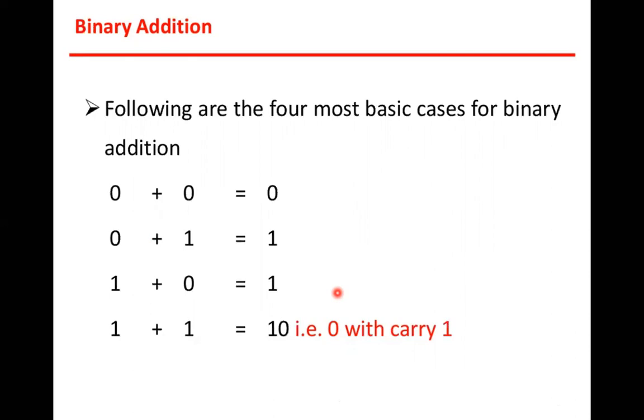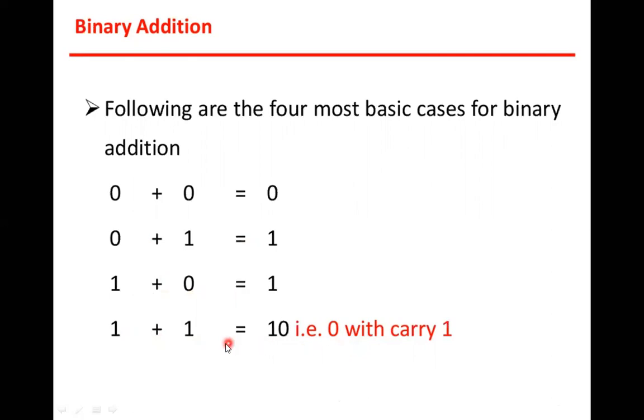There are certain rules to add binary numbers. In the case of binary addition, 0 plus 0 is 0, 0 plus 1 is 1, 1 plus 0 is 1, and the most interesting one is 1 plus 1 is 0 with carry 1.